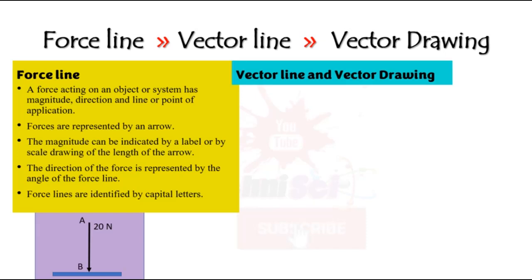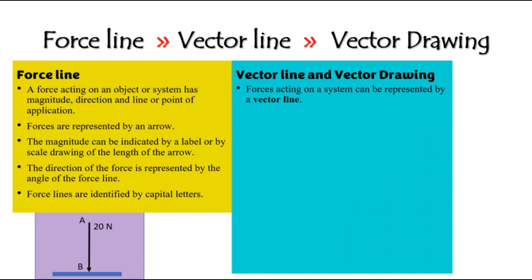Now let's look at vector lines and vector drawings. Forces acting on a system, we can use vector lines to represent them. And why we can do this, remember that a force is a vector. So it's ideal for us to say that we can use a vector line to represent it. The length of the vector line is drawn to a scale to represent the magnitude of a force.